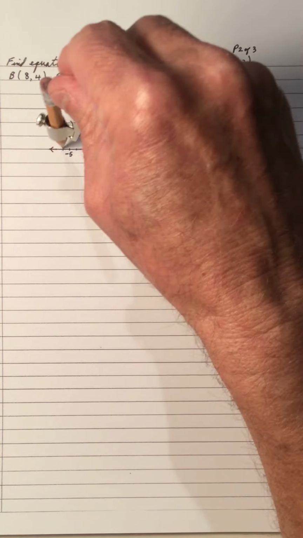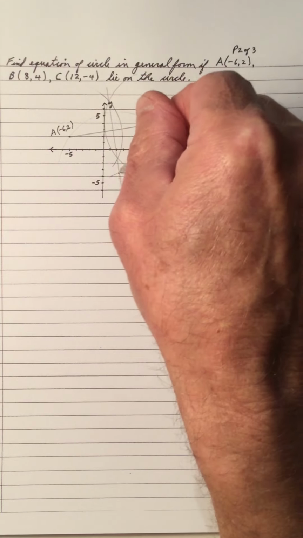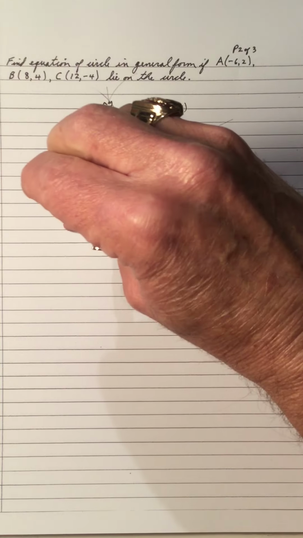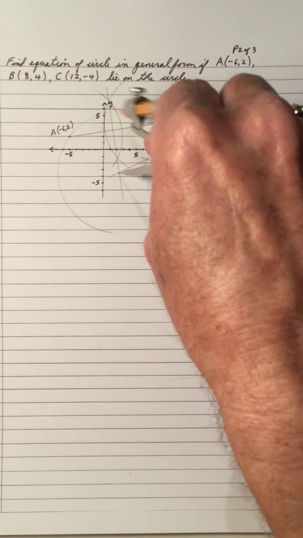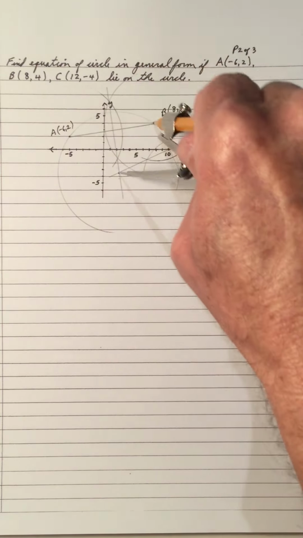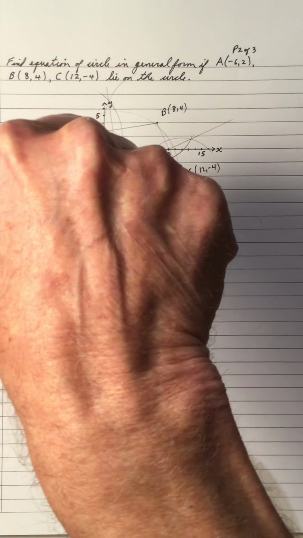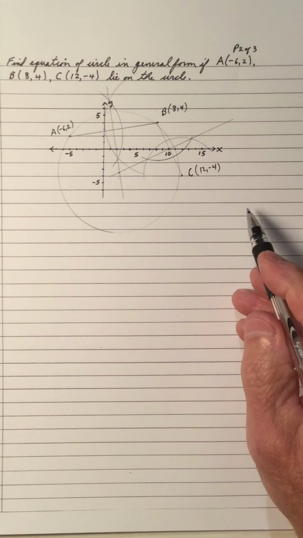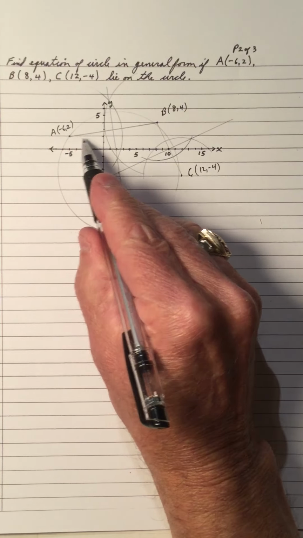So if I draw it like that, and again, I'm going to be off a little bit because you got to be very accurate when you do these constructions. So that roughly gives you an idea of what I'm going to do when I do the algebra. So the perpendicular bisector.